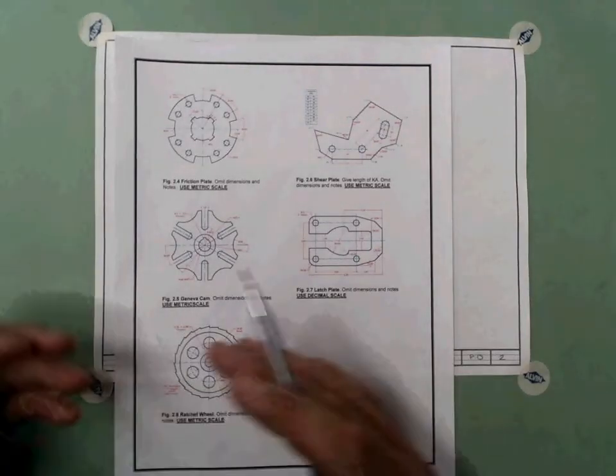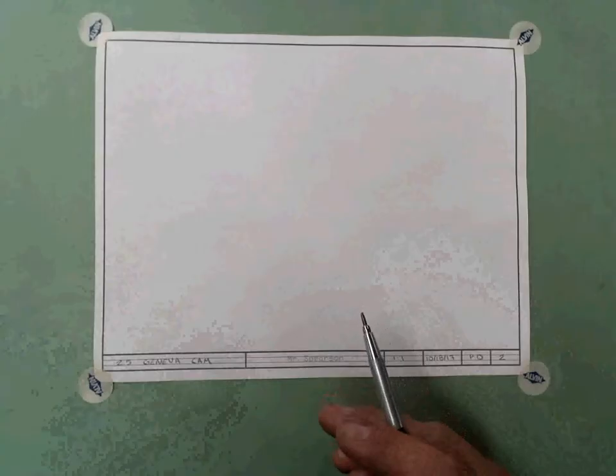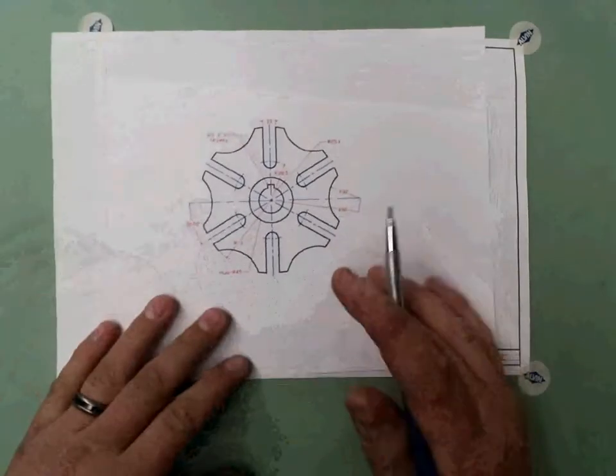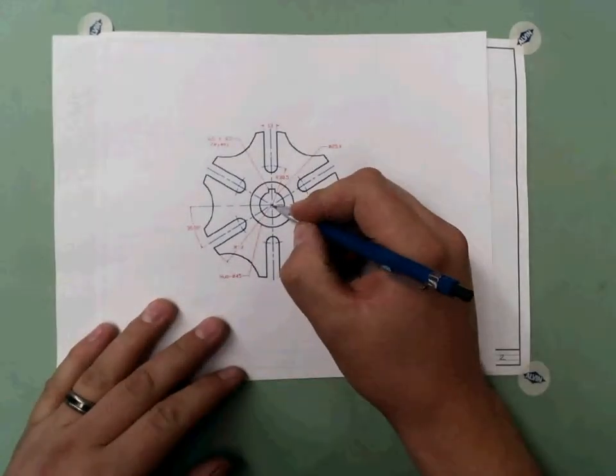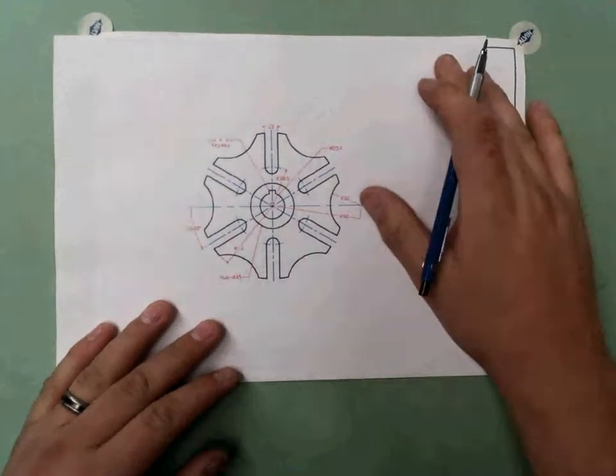So, just like all the other drawings, I've blown them up, but also every drawing must be centered, which means I must find the center of the circle. So I'm going to go ahead and do that real quick.